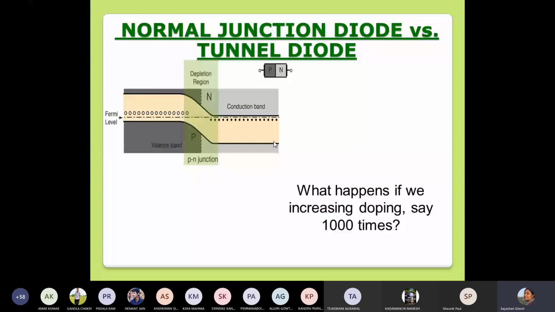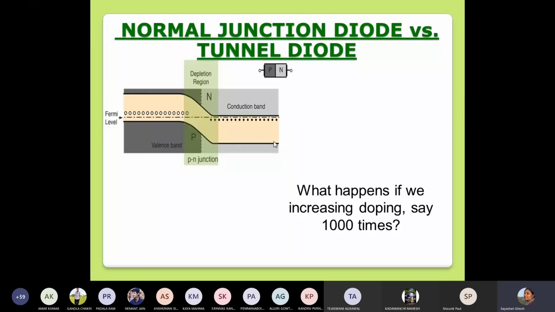What is the difference in working of normal junction diodes and tunnel diodes? For that, we need to have a basic understanding of band structure, which I guess you have already learned. Sir has discussed conduction band, valence band, Fermi level, and how that shifts as you go on doping a semiconductor material.